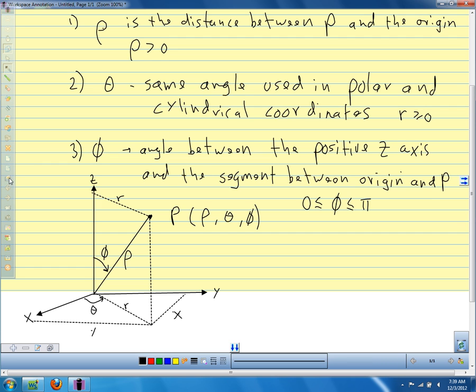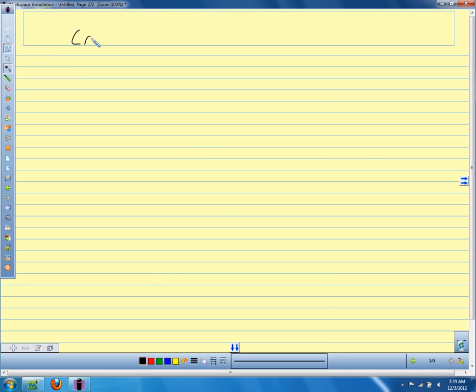All right, so our conversions. Spherical to rectangular.